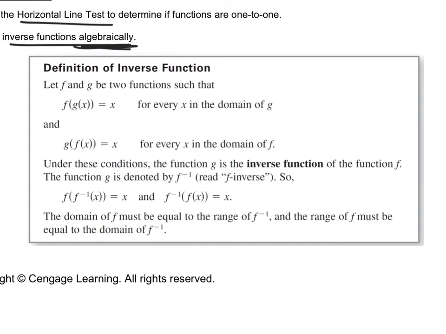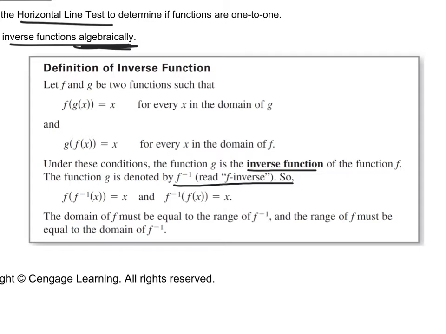So, definition. We've got all this math talk here, which is important to look at, but I like to summarize it down to the nuts and bolts of what it is. The inverse function is denoted by f to the negative 1 power, read f inverse, or f to the negative 1, as long as we know that means inverse.